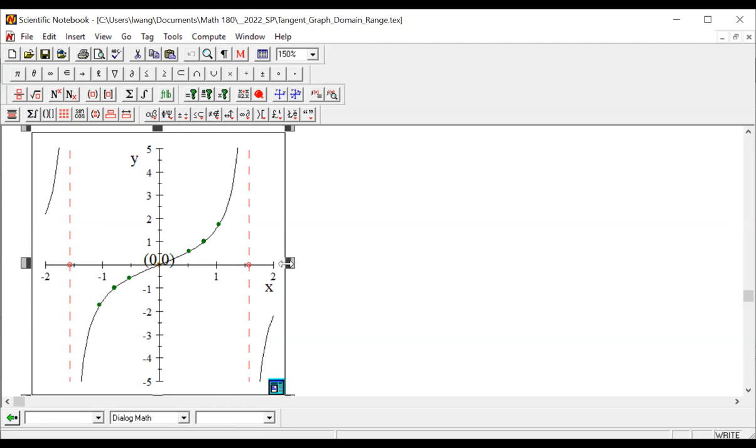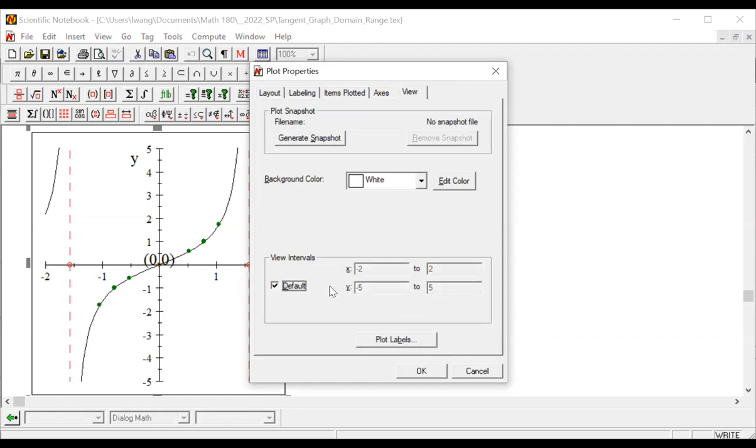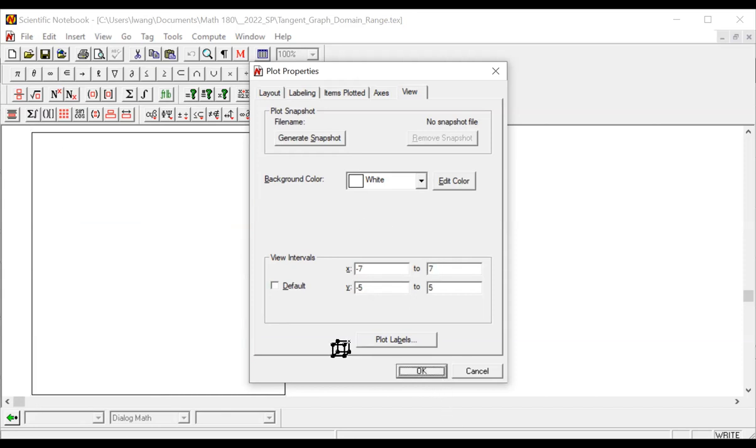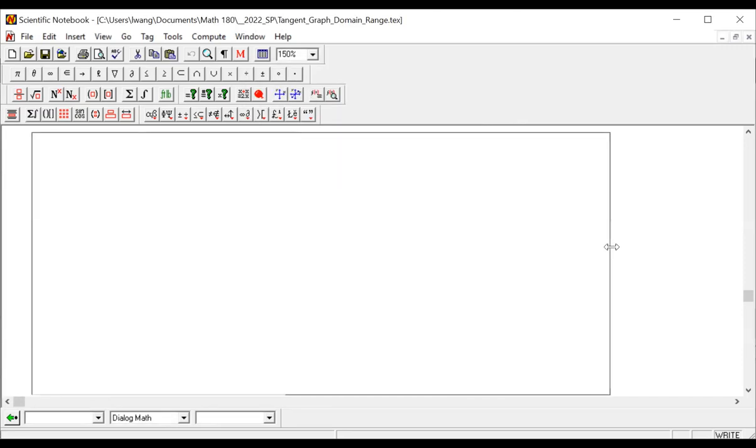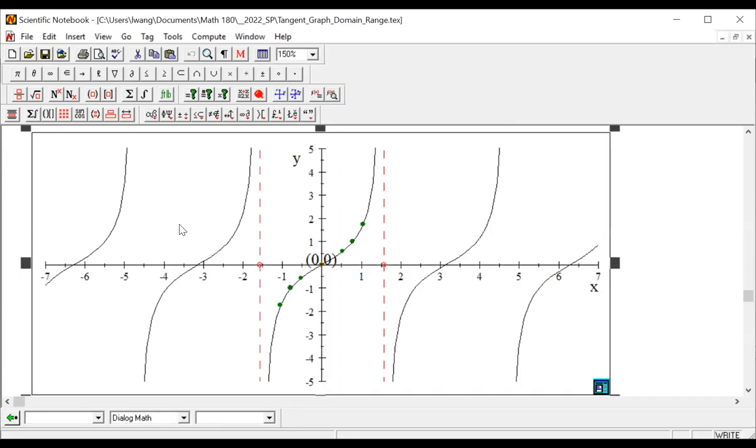To wrap up, if we look at the whole of the tangent curve, you're going to see that there are many, many periods. Say I want to make it negative 7 to 7. We're going to see more pieces, and there will be more vertical asymptotes.